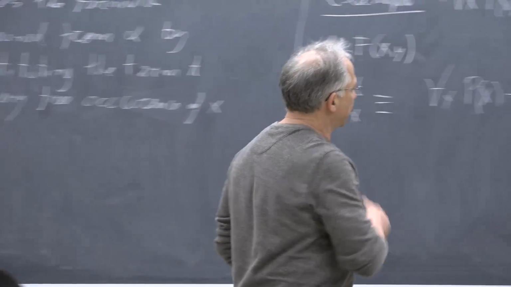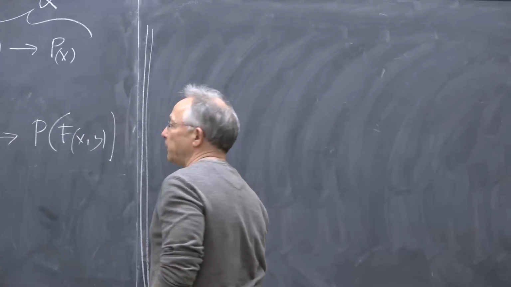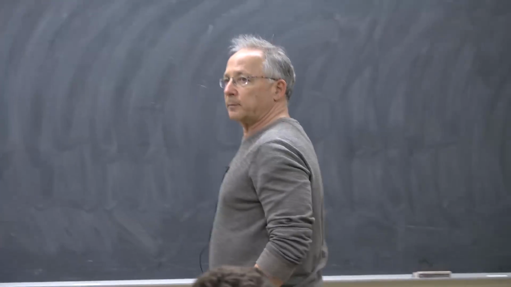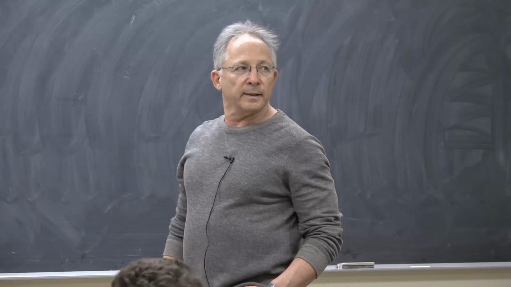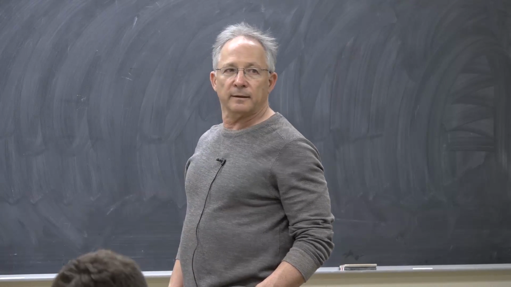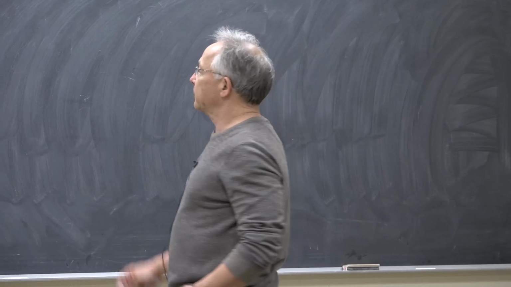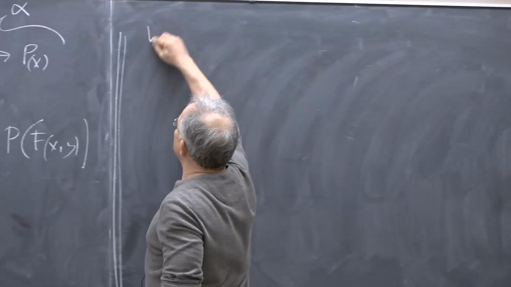But now we need to be a little bit careful about this axiom. So let me show you an example where this axiom leads to a formula that is not a logical truth. So we need a warning here.